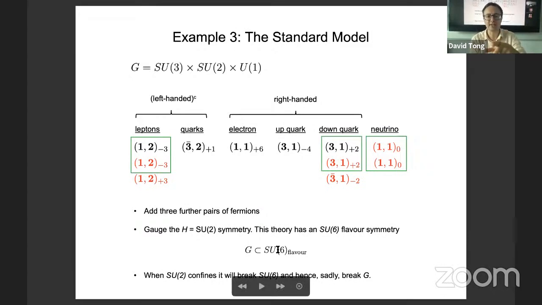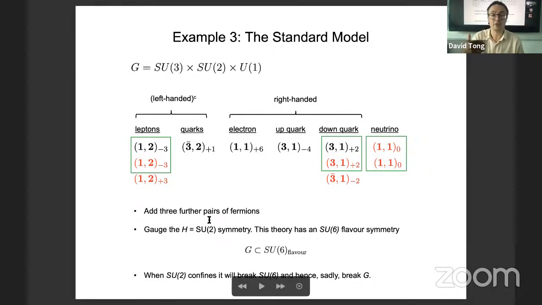And in fact, as it stands, it doesn't work. If you just take SU2 coupled to 6 doublets of Weyl fermions, the SU6 will get broken to an Sp3, which as part of that will break the standard model group. So we're going to have to do something else.